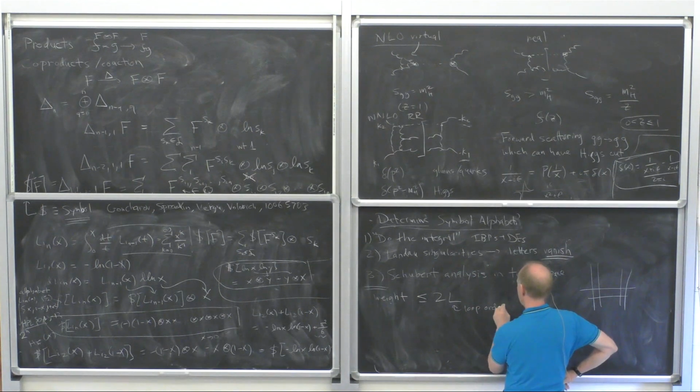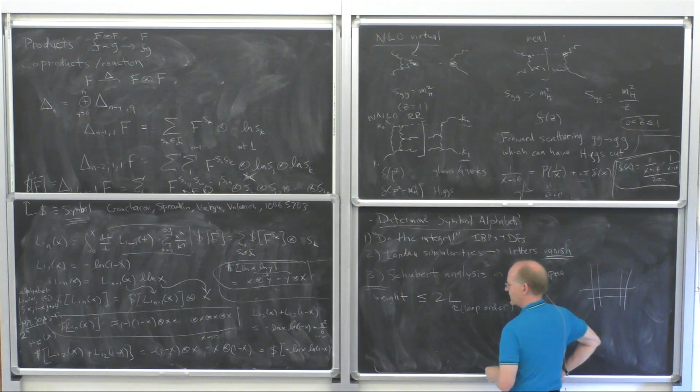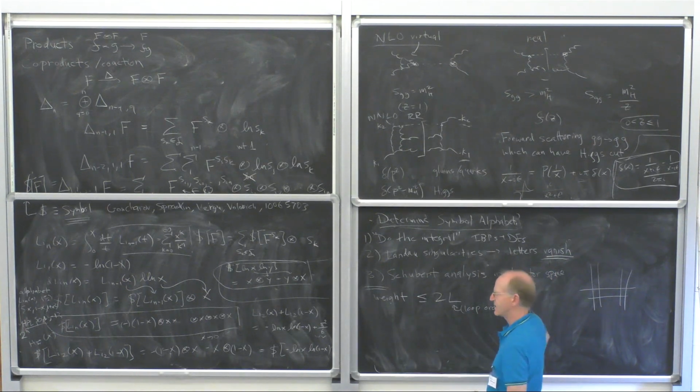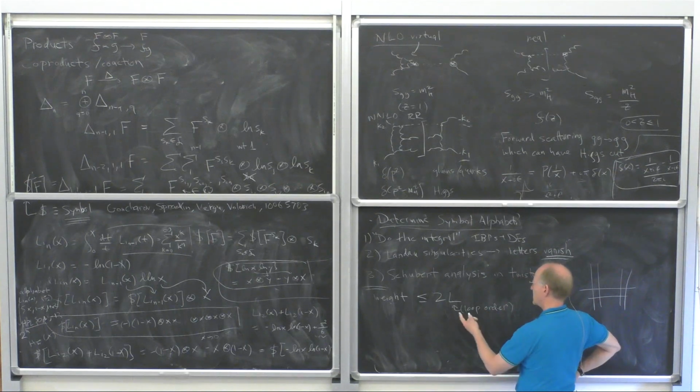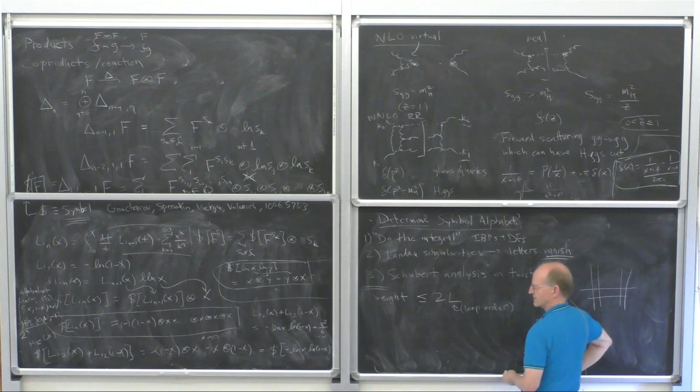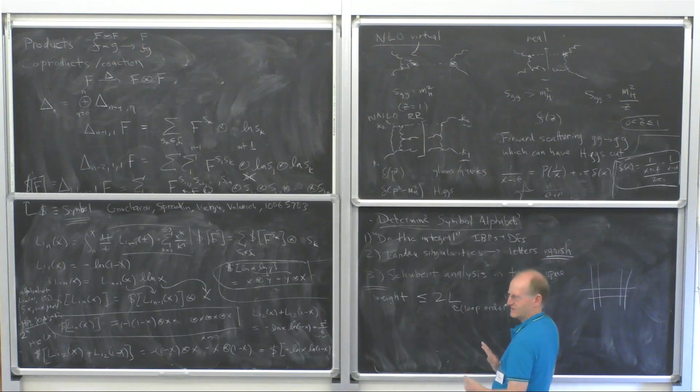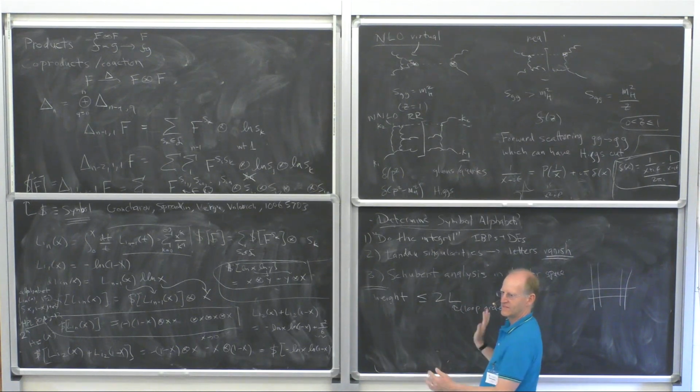So if you're at one loop, you're at weight 2. And then you can pretty much show everything as dilogarithms. If you're at 2 loops, you get to weight 4. But you don't know that the symbol alphabet that works for a 2-loop problem, if you add a loop, might not work anymore. It depends.